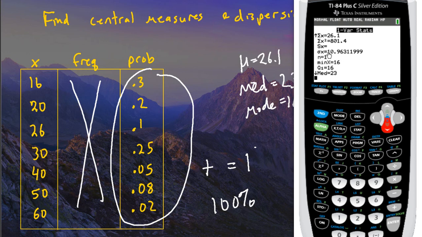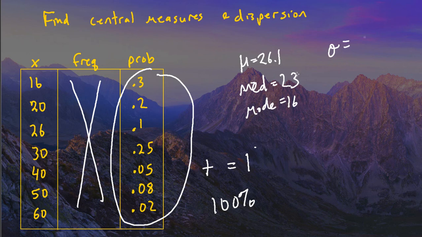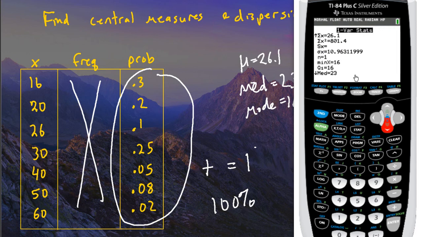Now let's get our standard deviation, 10.96, so 11. So if I wanted my variance, I would square that. I'm not actually going to do it. You can figure that out. And just to say it one more time, I could use this right here, this min x, this max x.